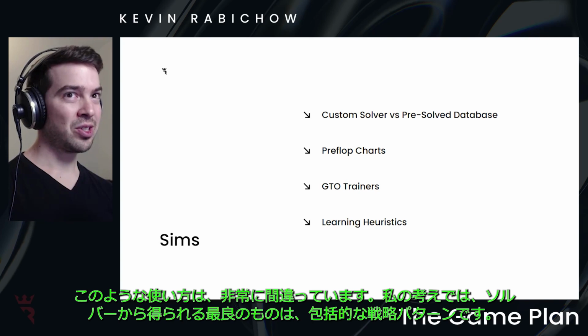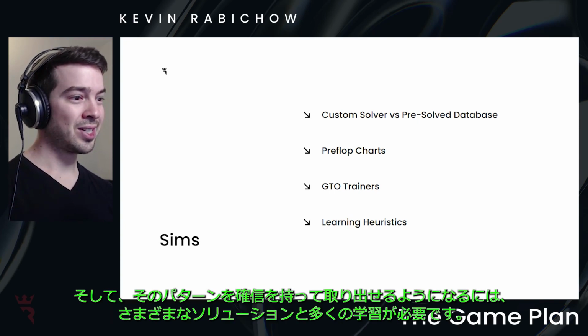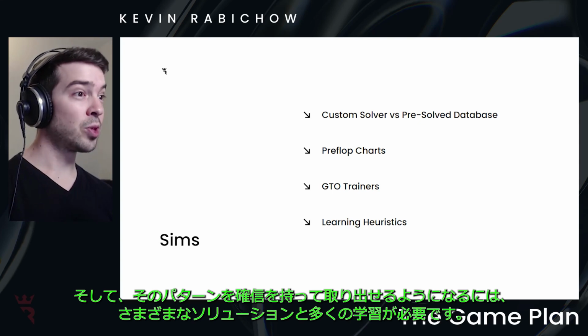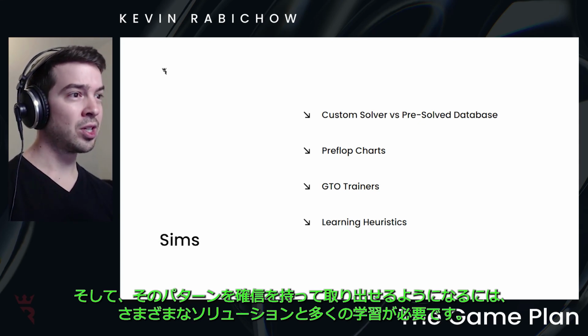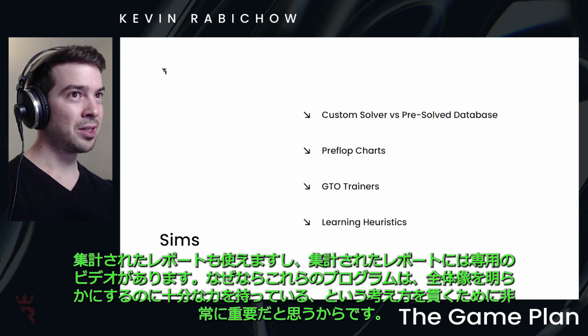The best thing that you can take away from a solver is an overarching strategic pattern. And it takes a lot of different solutions and a lot of study to get to the point where you can confidently take away those patterns. You can also use aggregated reports, and aggregated reports will have their own video because I think they're quite important for sticking with this mentality, which is the big picture is what these programs are powerful enough to reveal.